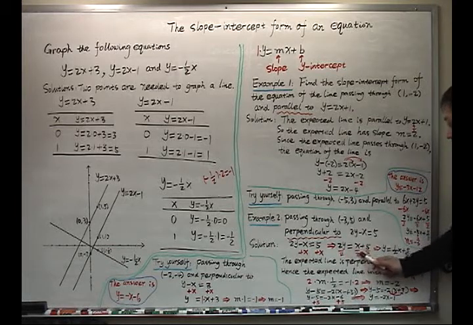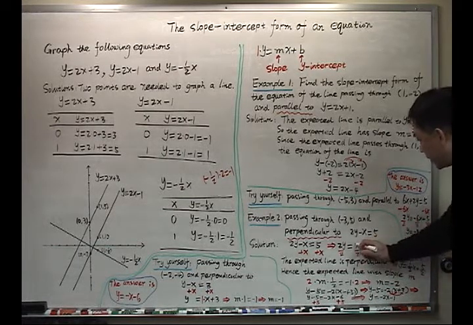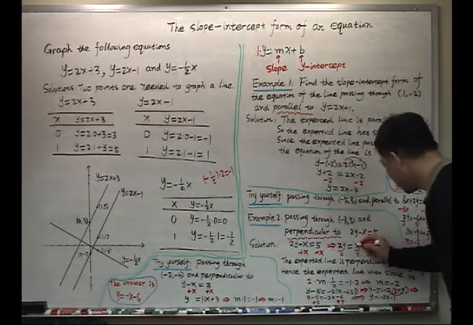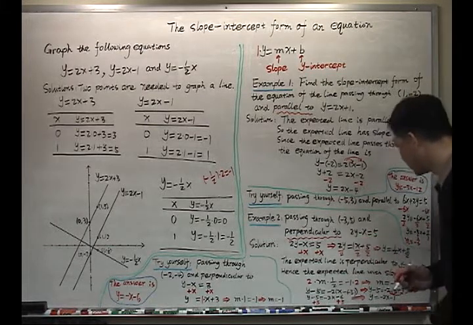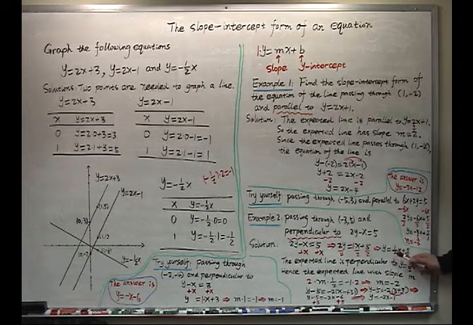Divided by 2, the 2s cancel each other. So you have y equals, in front of x there is a 1, so it's like 1/2 times x plus 5/2. Now, this is the slope, 1/2, for this line.